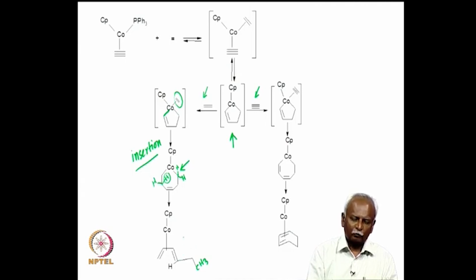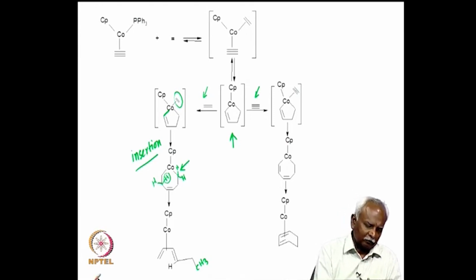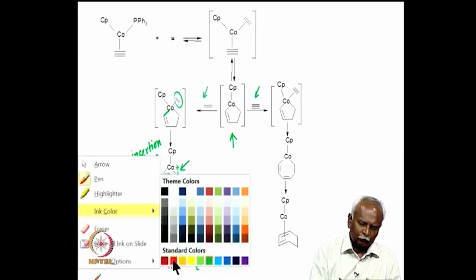So, you now have a butadiene which is coordinated to the cobalt, but again you have had a reaction in such a fashion that cobalt has undergone a reductive elimination and the alkyl group, the CH2 unit, has abstracted a hydrogen. So, that it forms a CH3, and the CH2 which we will mark with a different color, so that it is easy to follow.